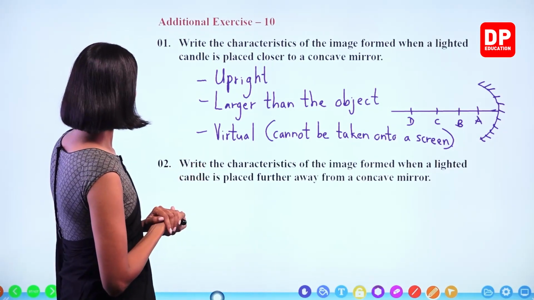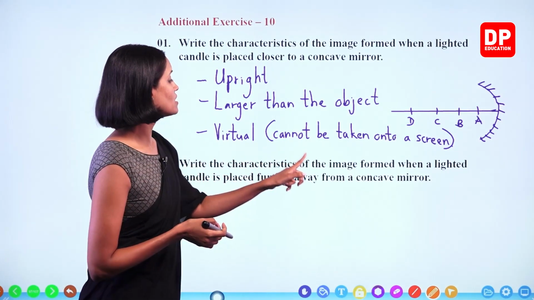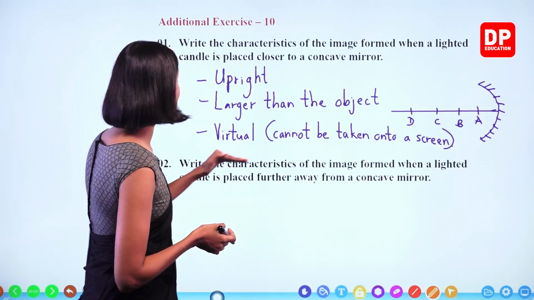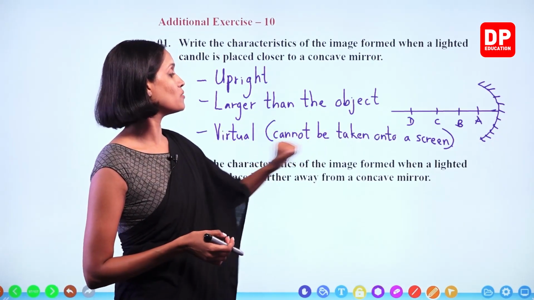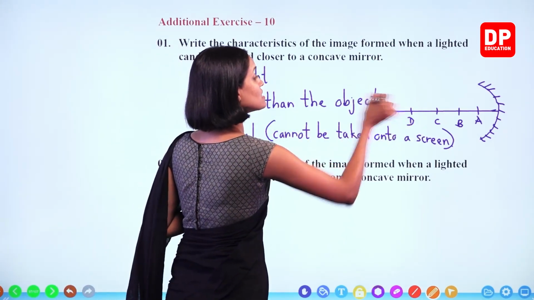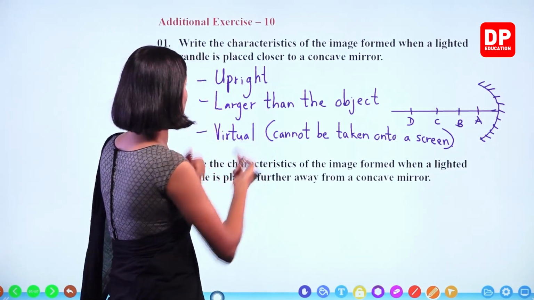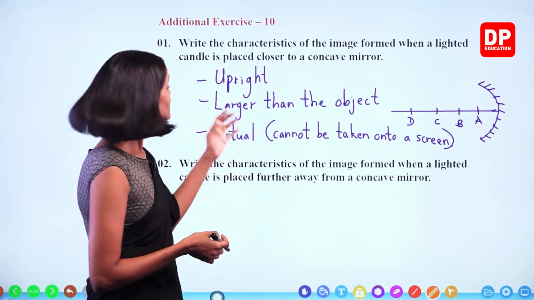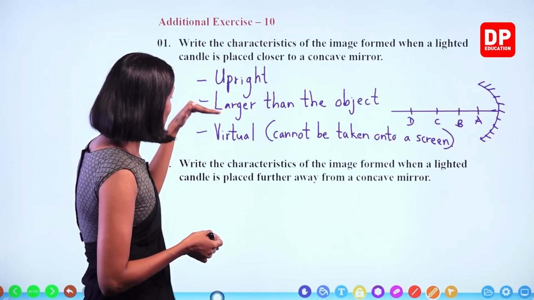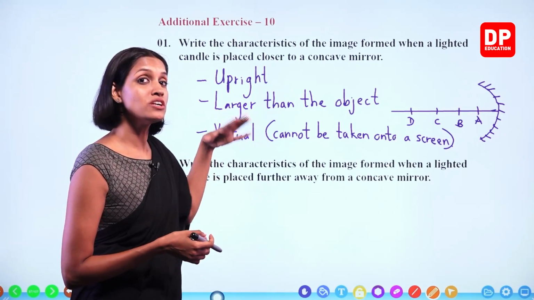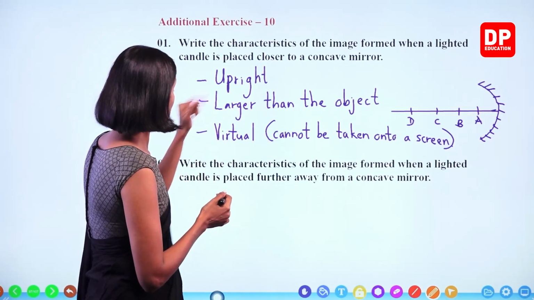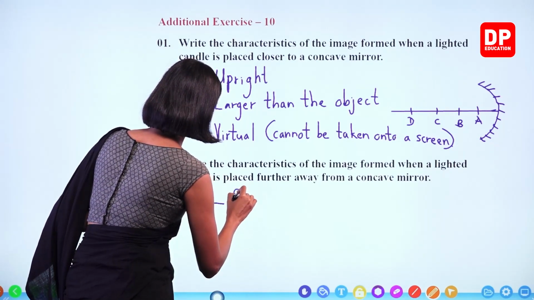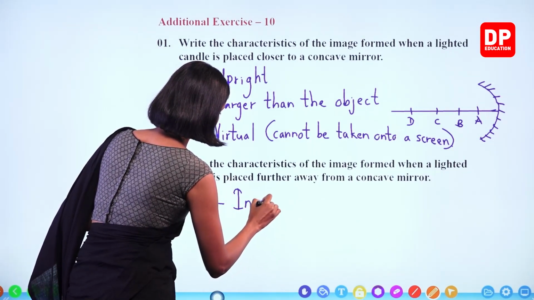Right, children? Write the characteristics of the image formed when a lighted candle is placed further away from a concave mirror. We'll consider it's D. It's the opposite of this. It was smaller, inverted, and it's real because we could take it onto a screen. Okay, so here, inverted, upside down.